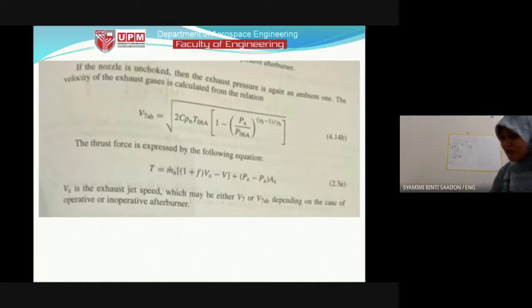So we use this definition to calculate V7. So V7 equals to the square root of 2CP times T total 6 minus T7, because of the power of 2 just now. It's actually the same as this equation, except that if you don't have the value of T7, then we use pressure.